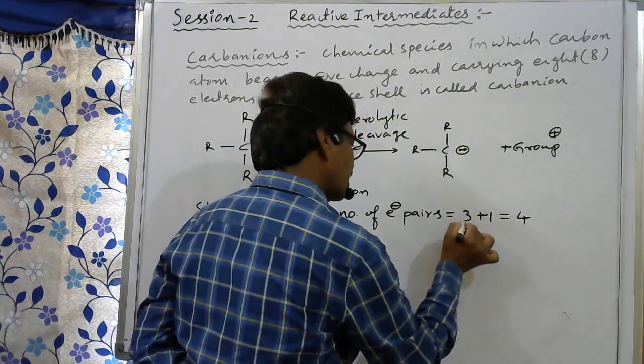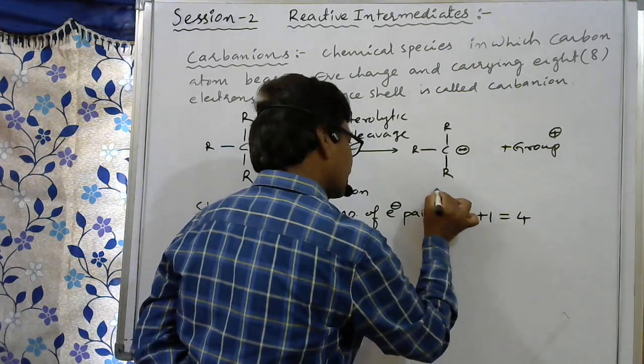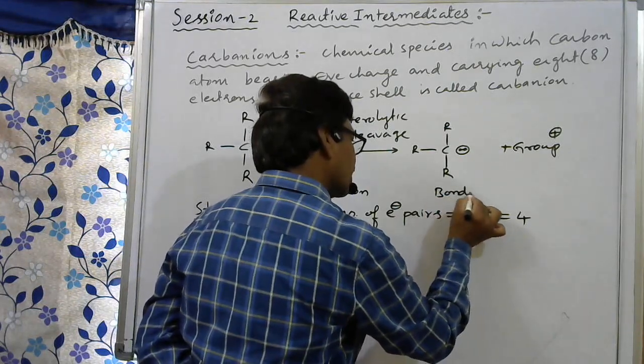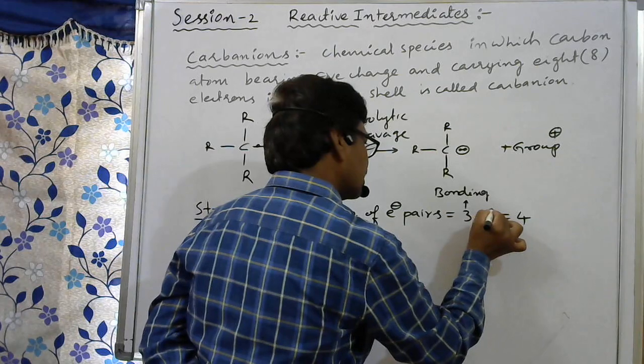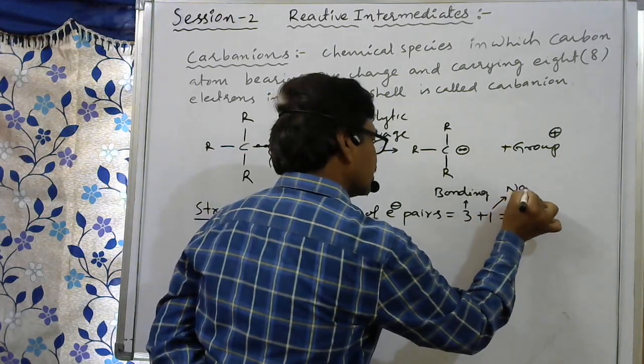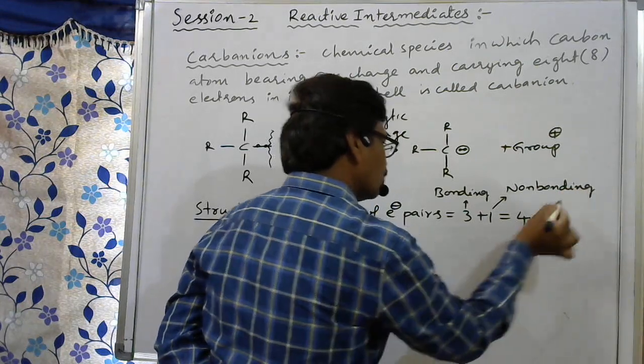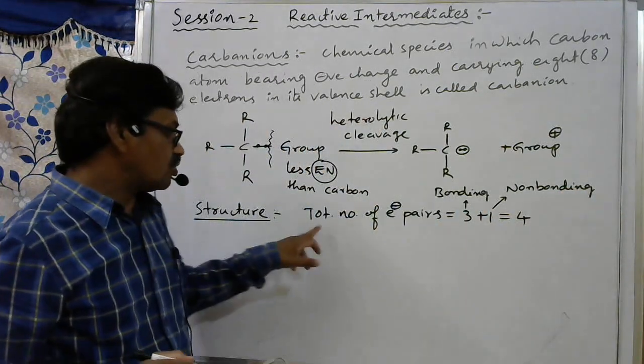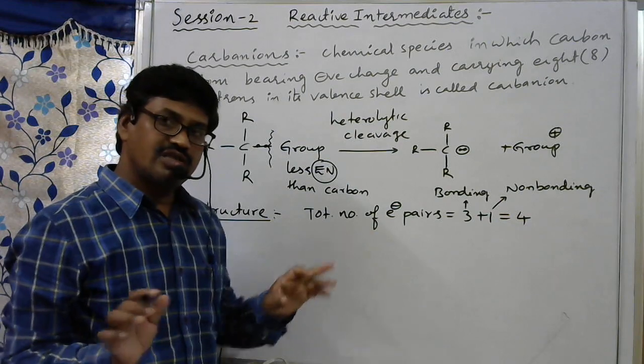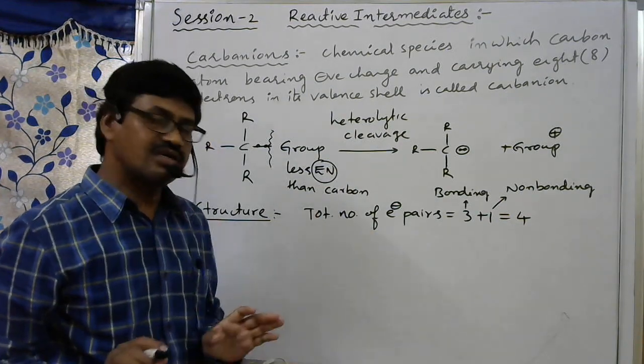What is 3? The 3 are bonding pairs, and this 1 is non-bonding. So bonding and non-bonding, otherwise lone pairs, we should consider in the total number of electron pairs. We should not consider pi electrons. Anyhow, here pi electrons are not there.